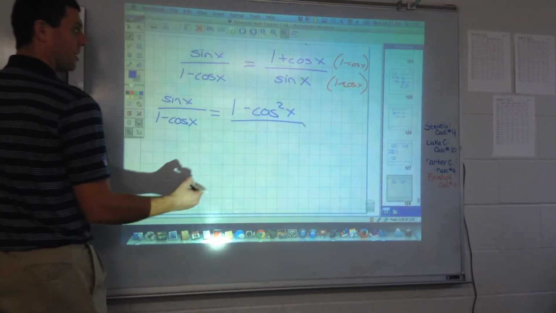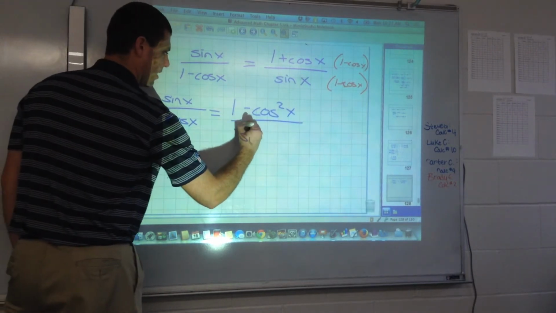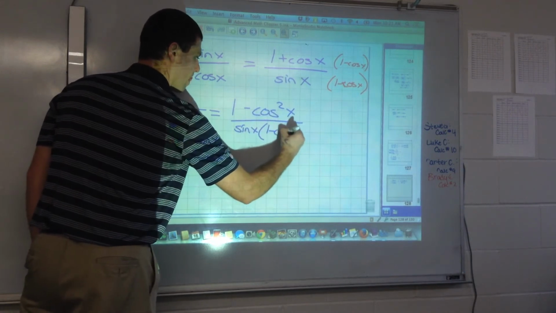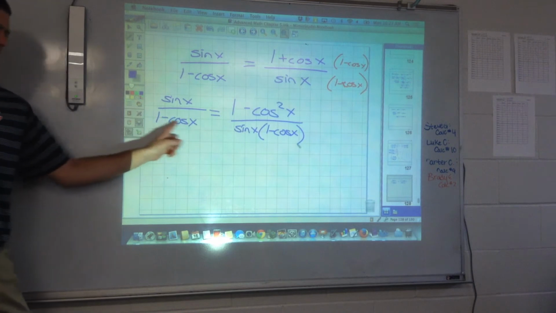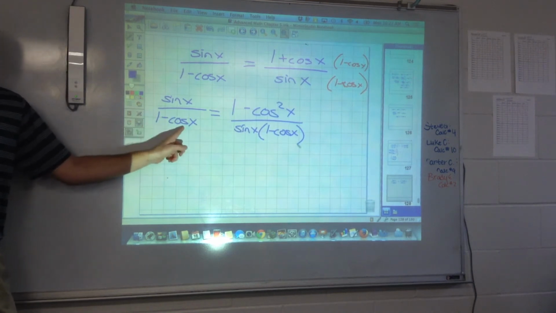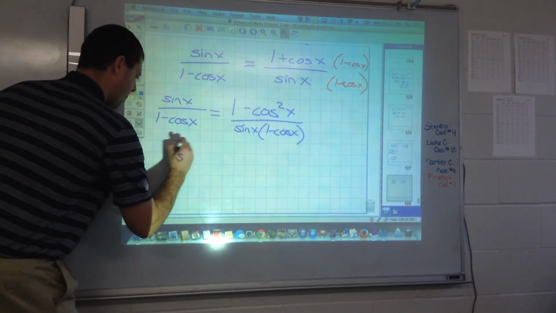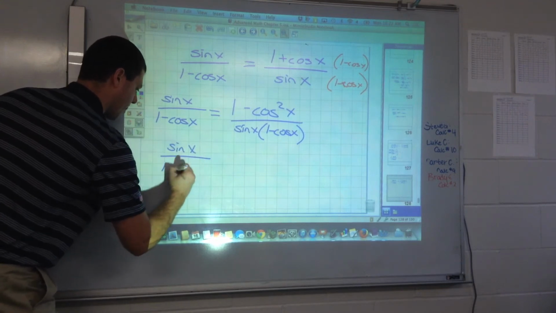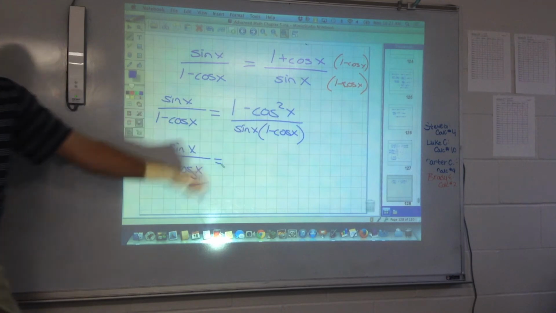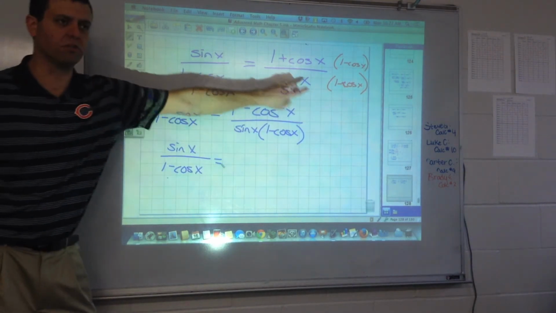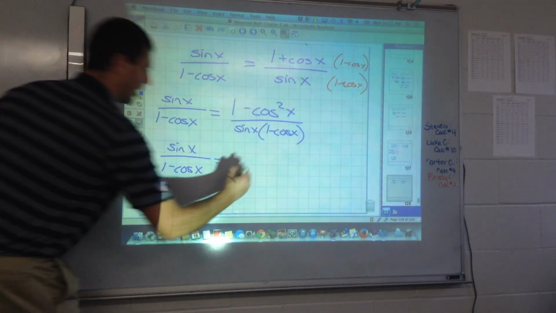I'm not going to do anything with that quite yet. I'm not going to distribute the bottom because if you look, don't I want the bottom to say this? What's 1 minus cosine squared x equal to? What's 1 minus cosine squared? Sine squared.